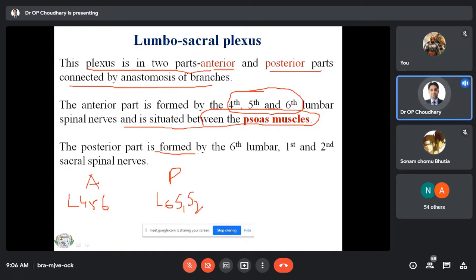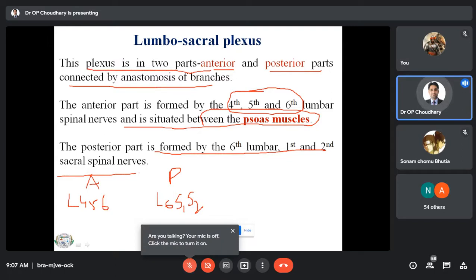So the posterior part is formed by the 6th lumbar, 1st and 2nd sacral spinal nerves. But all together, the lumbosacral plexus is usually formed by the ventral primary branches of the last 3 lumbar spinal nerves and first 2 sacral spinal nerves.